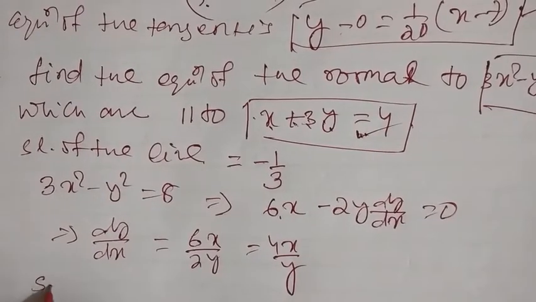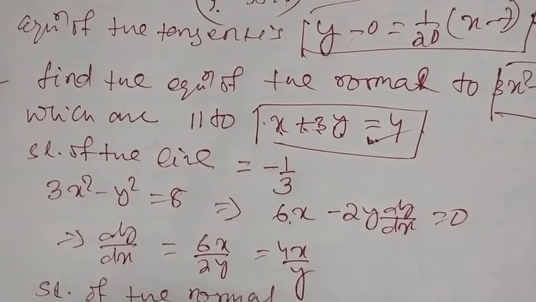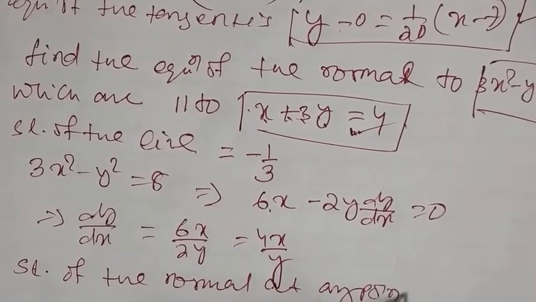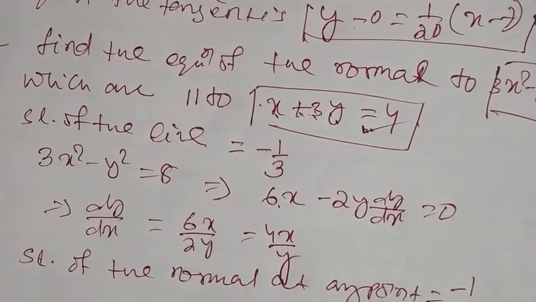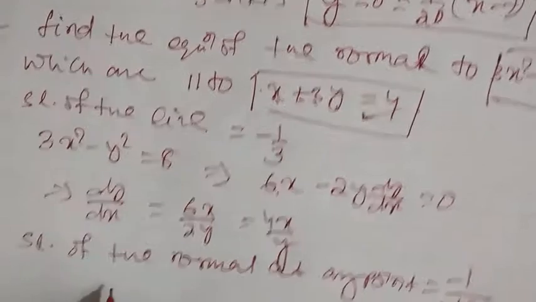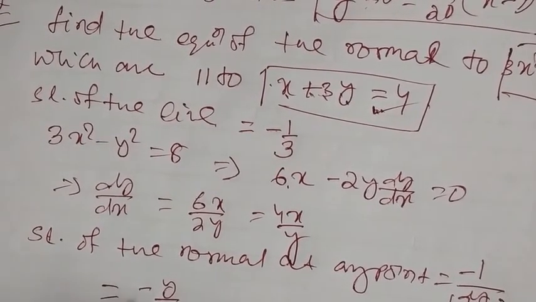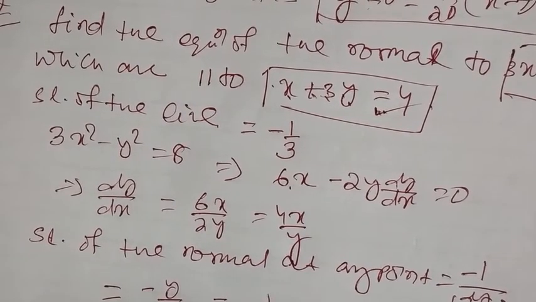Now the slope of the normal at any point is minus 1 by the slope of the tangent dy by dx. That is minus y by 3x. But this is equal to minus 1 by 3, given.